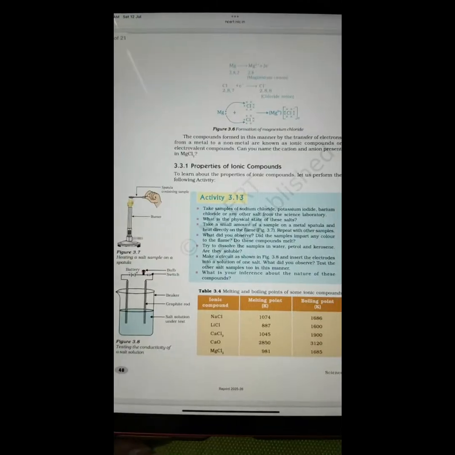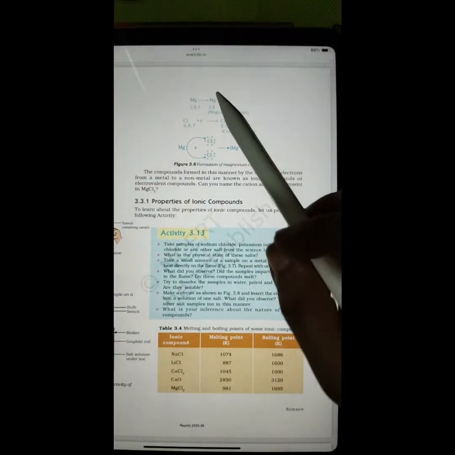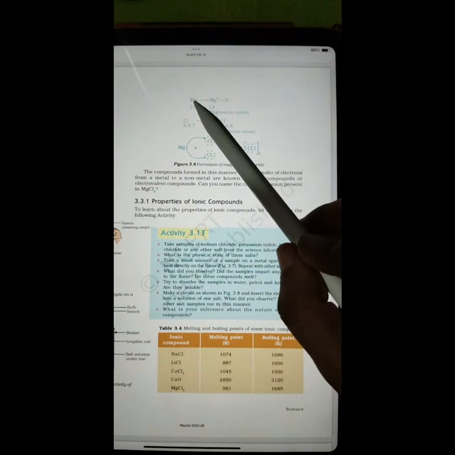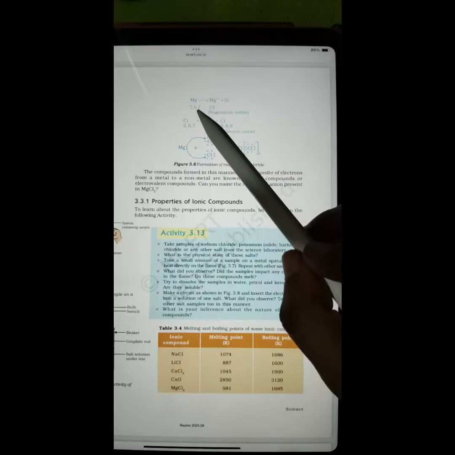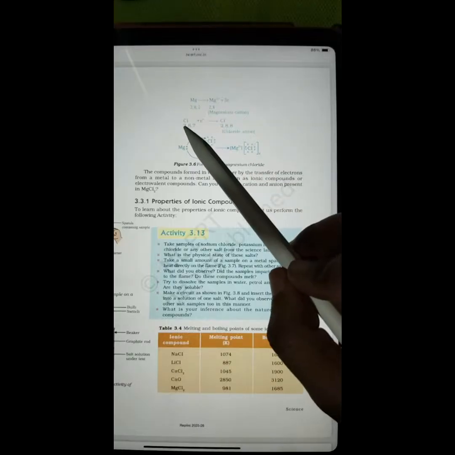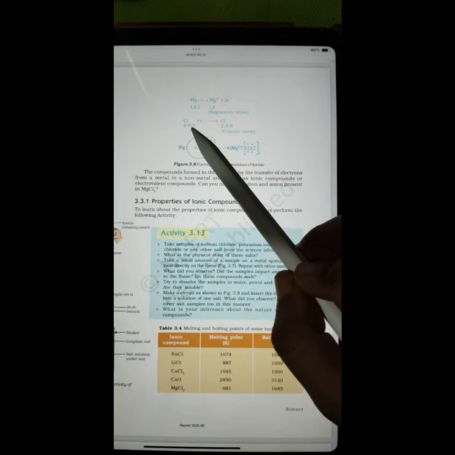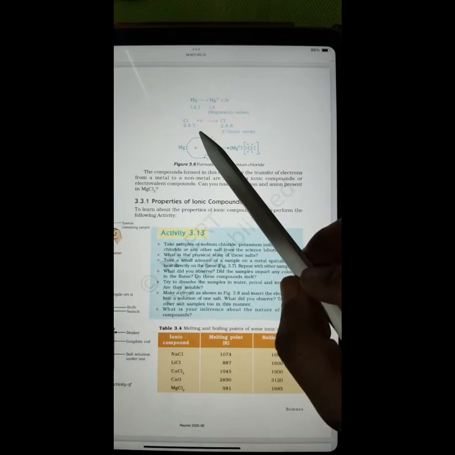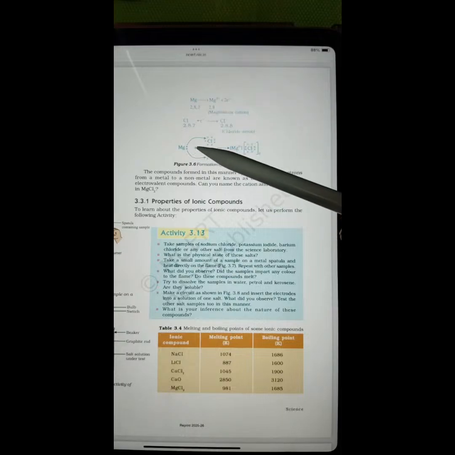Next page, please. Similarly here, it has been shown that magnesium has two valence electrons. For magnesium it is easier to lose 2 than to grab 6, because to complete its octet it requires 6 more. Chlorine has 7 valence electrons. So what is going to happen? One electron will be taken from magnesium.